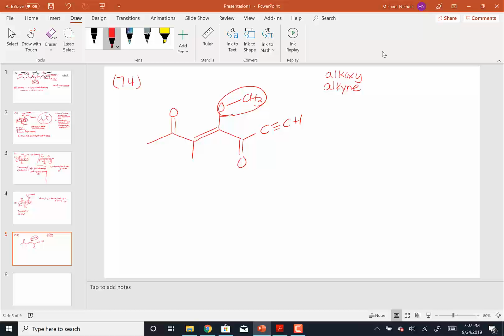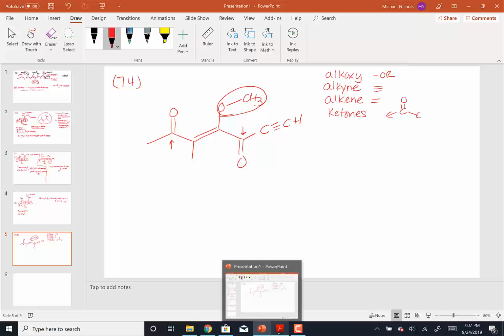I've got an alkene, a double bond group, so I've got a triple bond, a double bond, an OR group, and then I have a ketone. Actually, I have two ketones, which are C double bond O groups with carbons on either side. So this is a ketone, and this is a ketone.